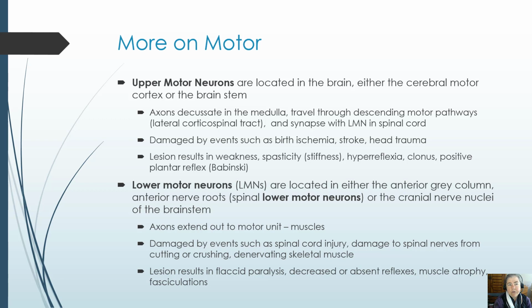Damage to upper motor neurons tends to be things like strokes, causing cell death in the cerebral cortex, head trauma and bleeding, again causing damage in the cortex, and birth ischemia. So, people with the neuromuscular effects of cerebral palsy have upper motor neuron damage.